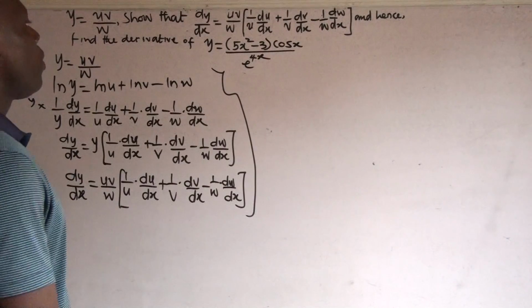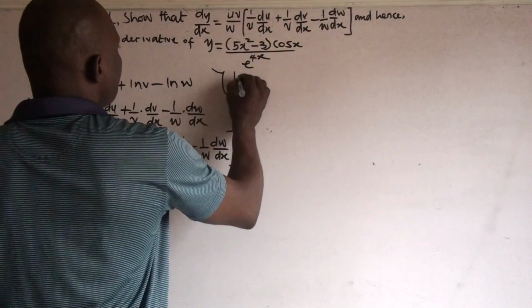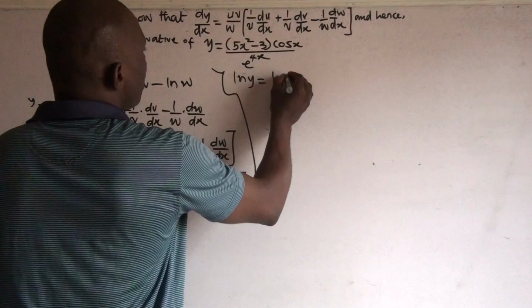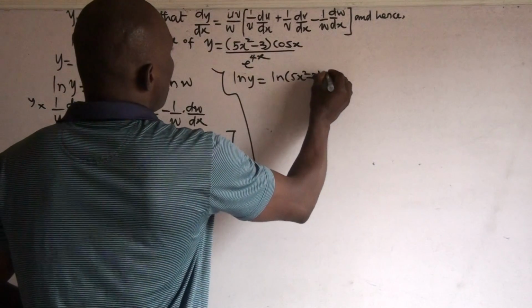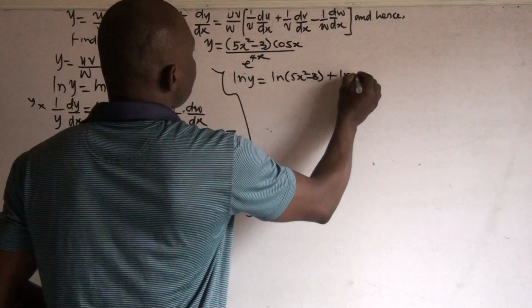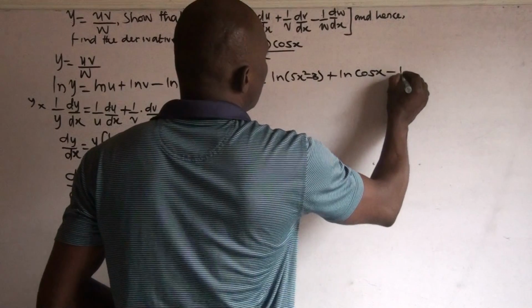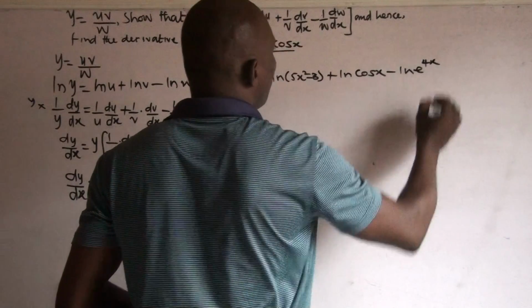Okay, here we apply the same technique. So we take ln of both sides. We say ln y. If I apply the ln here, this becomes ln open bracket 5x squared minus 3 close bracket plus ln cos x minus ln exponential 4x.